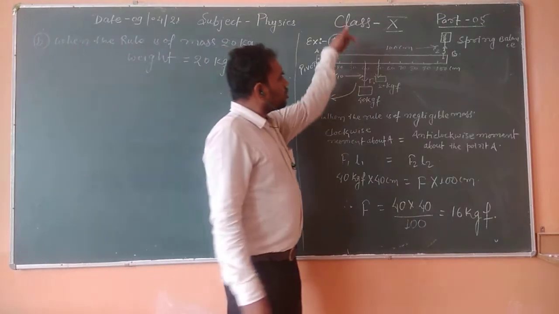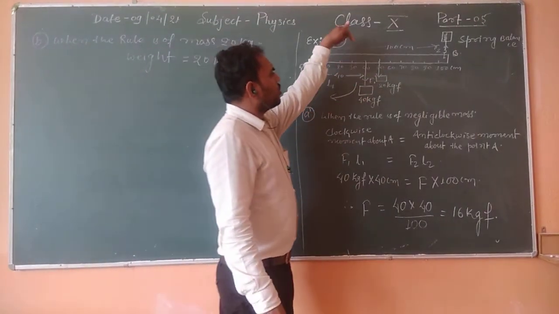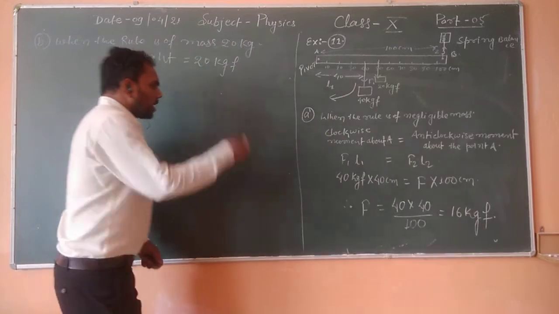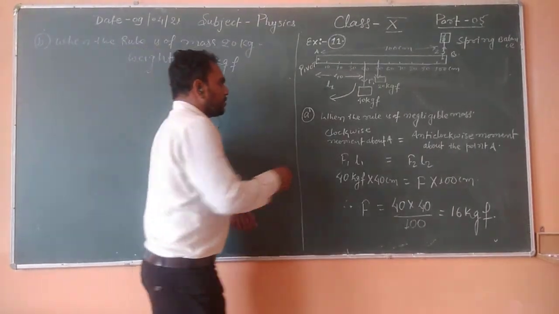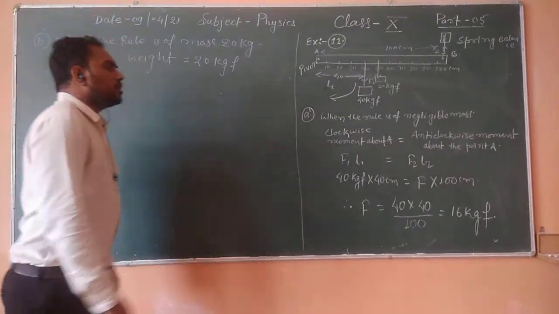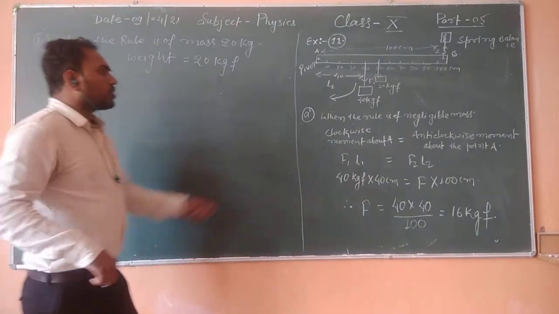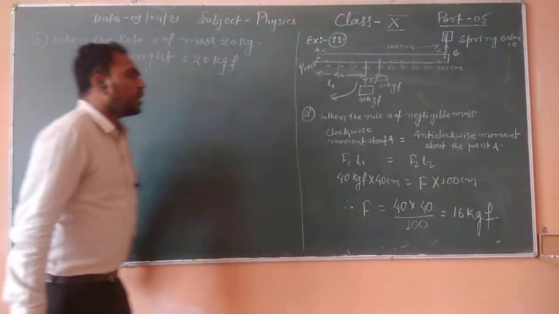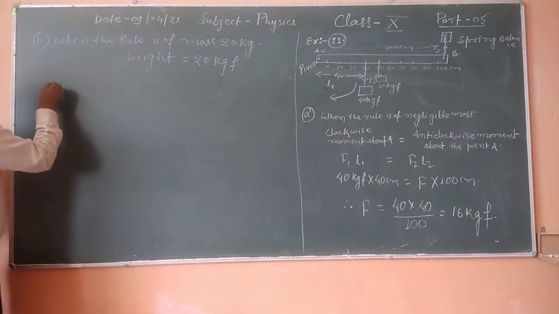This force will also bring this ruler down. So again we will apply that the clockwise movement is equal to the anti-clockwise movement.